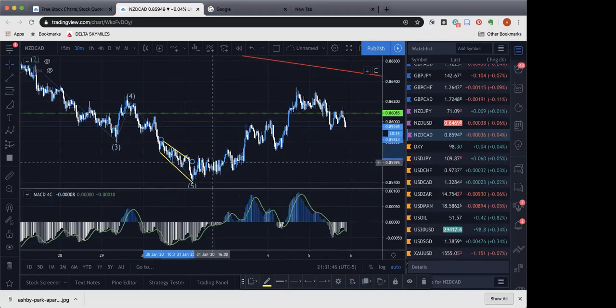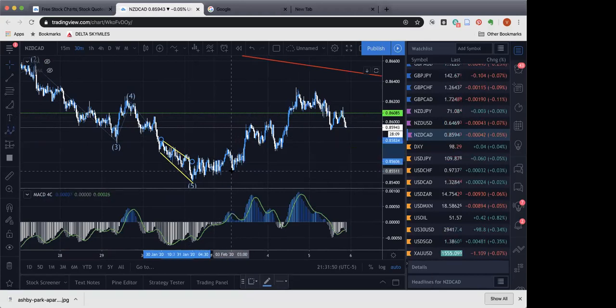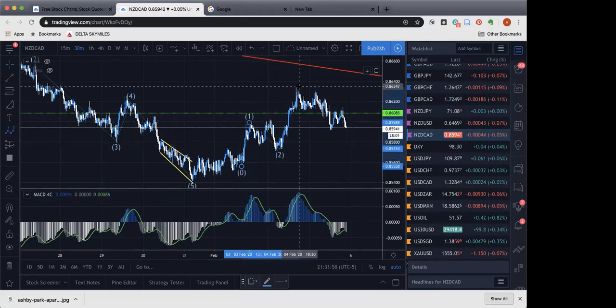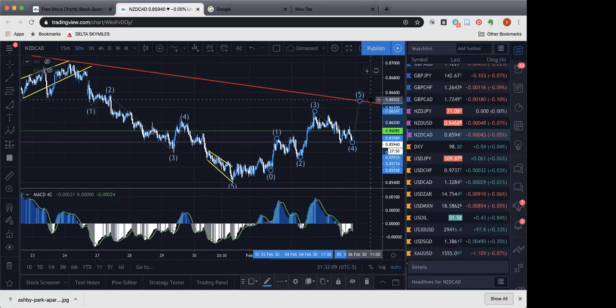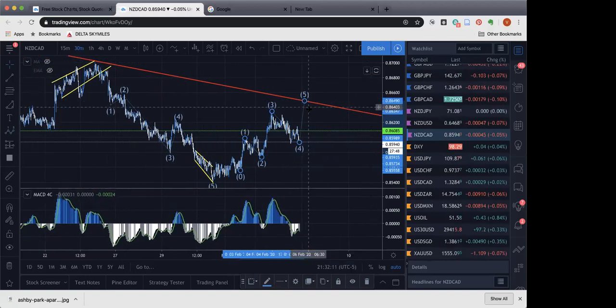And so it consolidated. Now what is price doing now? Going back up. Is that a breakout? Breakout, pretty much flag. Breakout, pretty much flag. Probably gonna break out to here, then come back down.